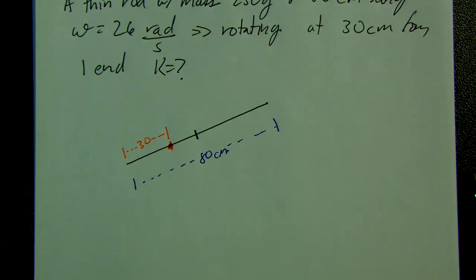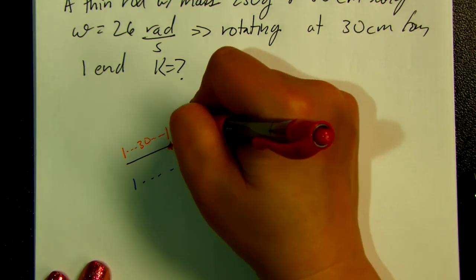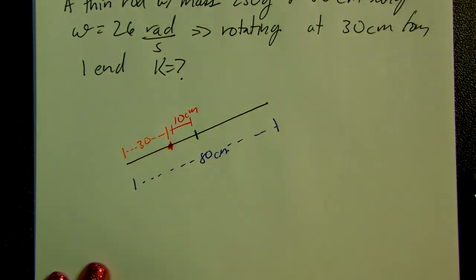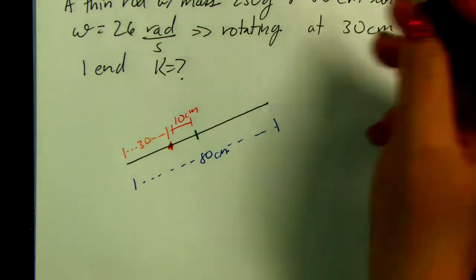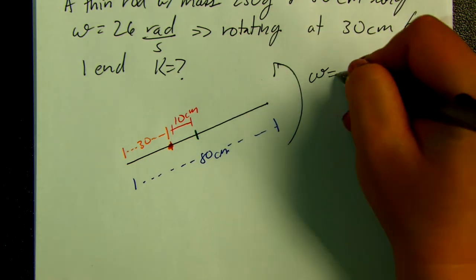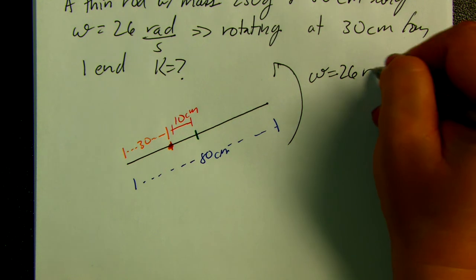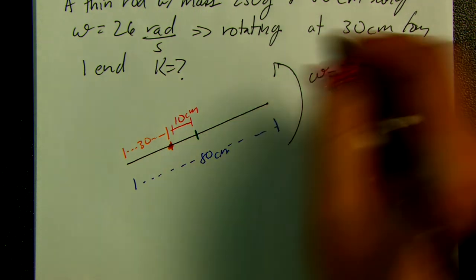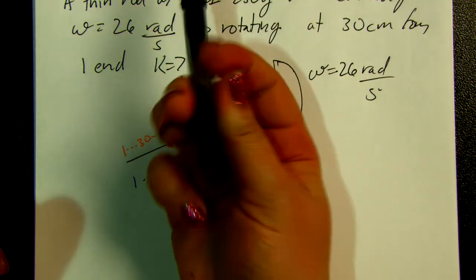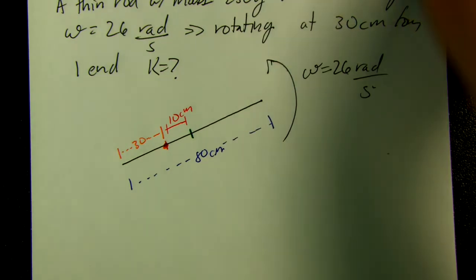Now, this is 10 centimeters from the center. And we know that it has omega of 26 radians per second. So it's basically like I'm taking this pen and rotating it here, off center.